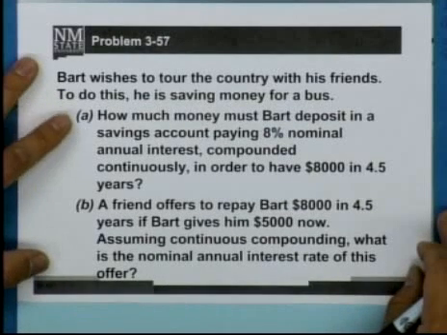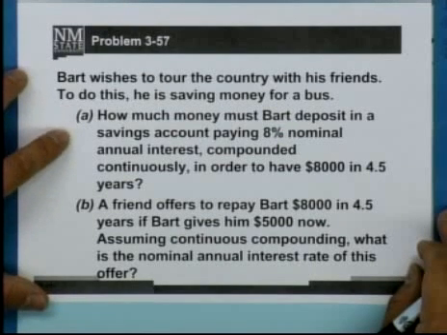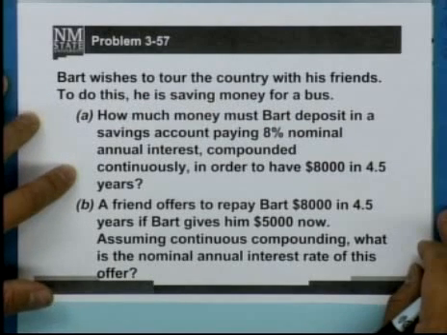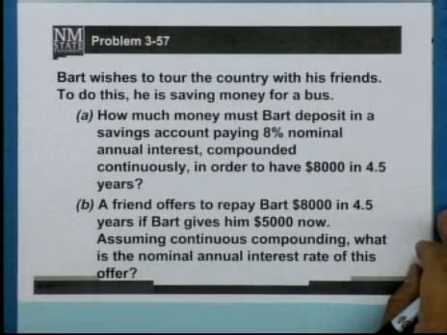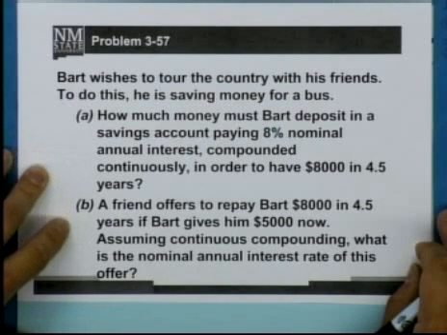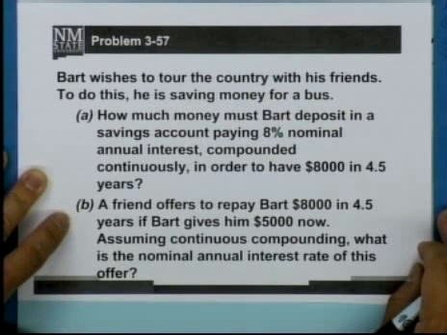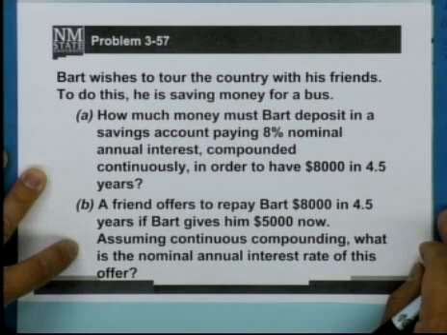So the first question is, how much money must Bart deposit in a savings account paying 8% nominal interest rate compounded continuously in order to have $8,000 in 4.5 years? And the second question is, a friend offers to repay Bart $8,000 in 4.5 years if Bart gives him $5,000 right now. Assuming continuous compounding, what is the nominal interest rate of this offer?